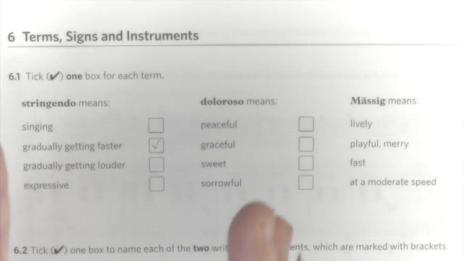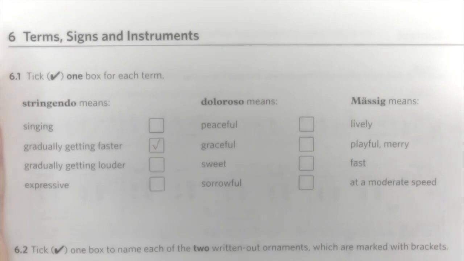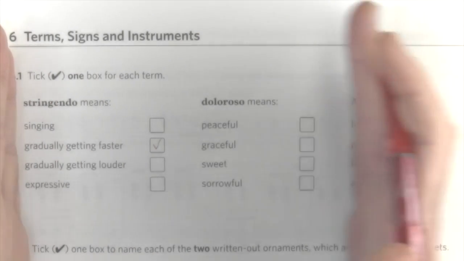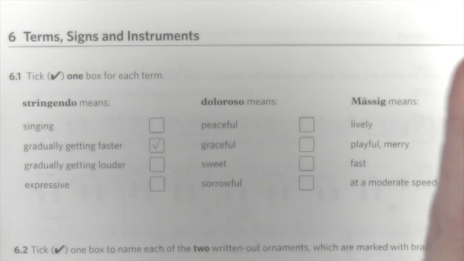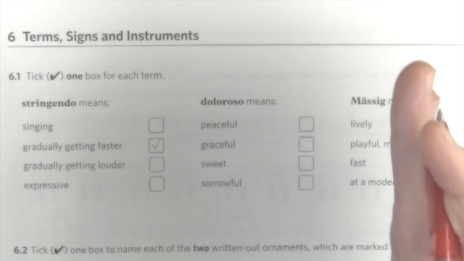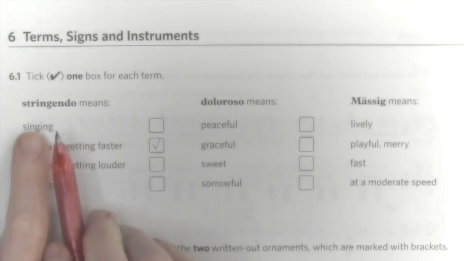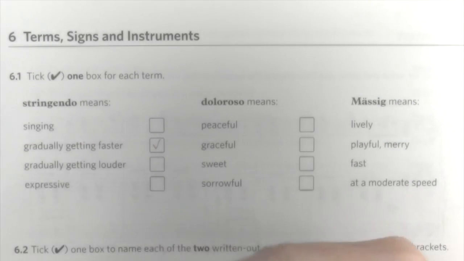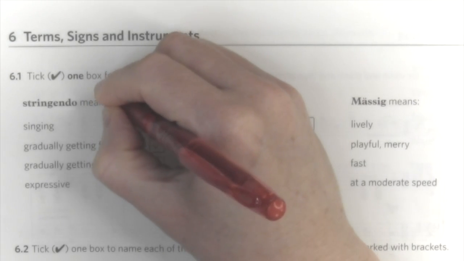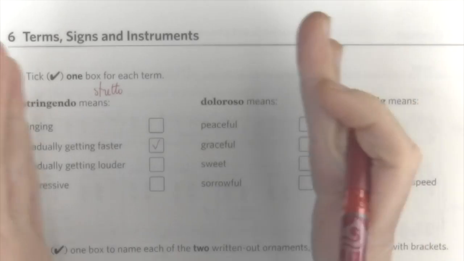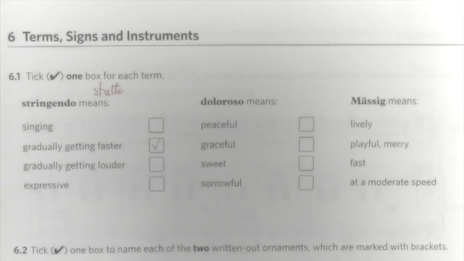So for example, if the notes are distant this much, if you compress them, they get closer, okay? So we basically push and compress them. So in the same amount of time, there are more notes, which means that you play faster. Now, stringendo is the process of doing it, as opposed to stretto, that means already compressed. Okay, so tighten up, that's the meaning.